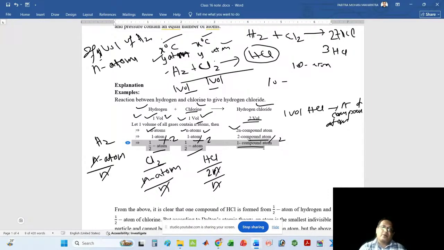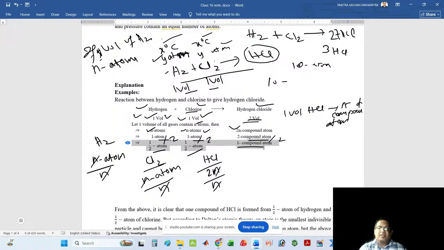If you take one atom of hydrogen and break it, you can find half an atom of hydrogen. Similarly, if you take one chlorine atom and break it, you will find half an atom of chlorine.